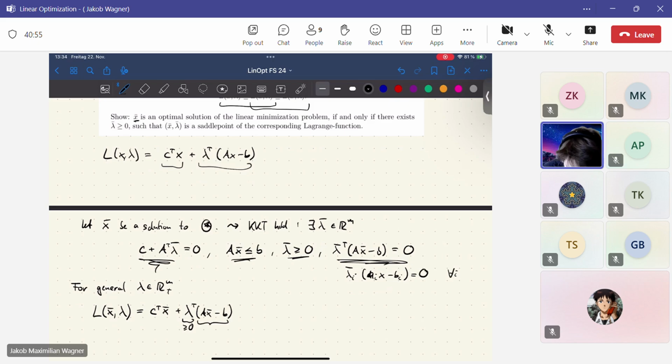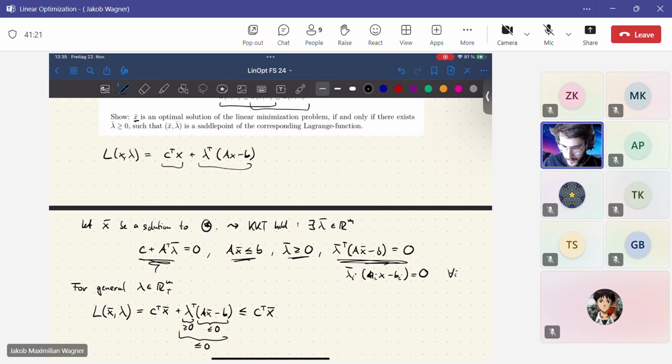And we know that because x bar is feasible, these are all less or equal than 0. So all in all, this inner product is less or equal than 0, and we can just leave it out by taking this less or equal inequality, and we have only c transpose x bar remaining.